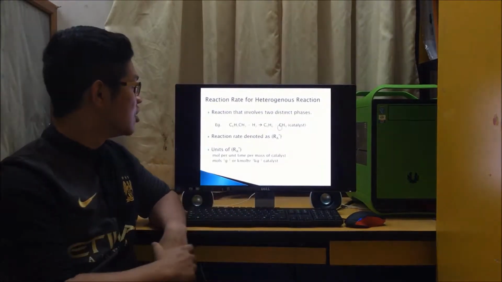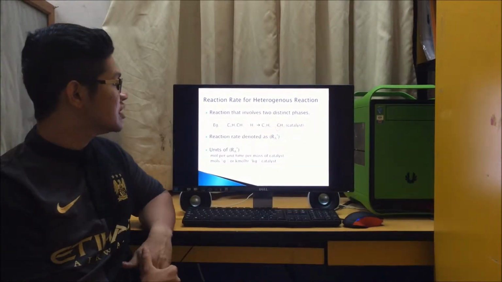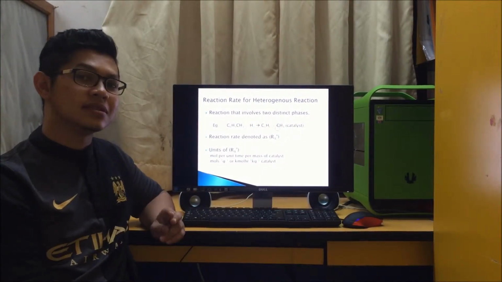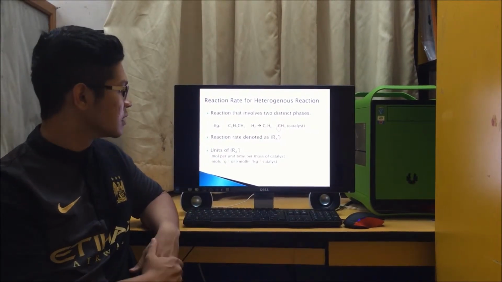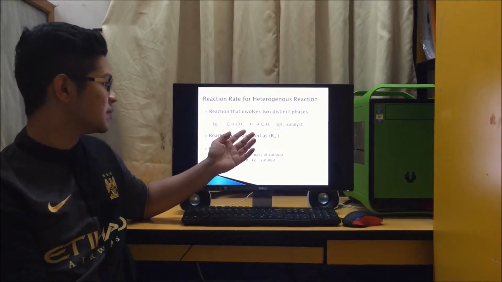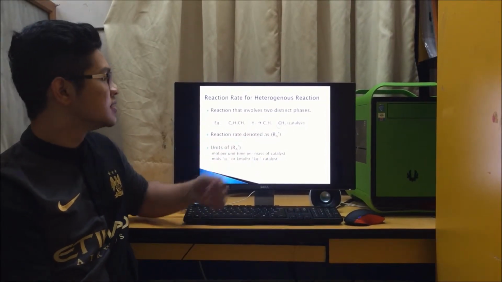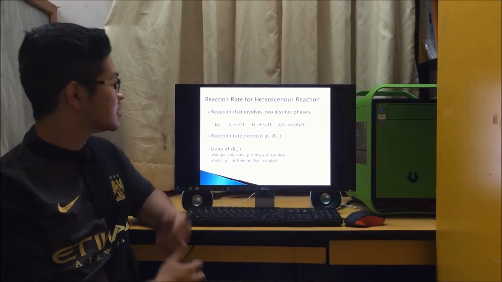Okay, next. Reaction rate for heterogeneous reaction. Reaction that involves two distinct phases, which is solid, liquid or gas. So consider this reaction: C6H5CH3 plus H2 to C6H6 plus CH4, which is the catalyst.